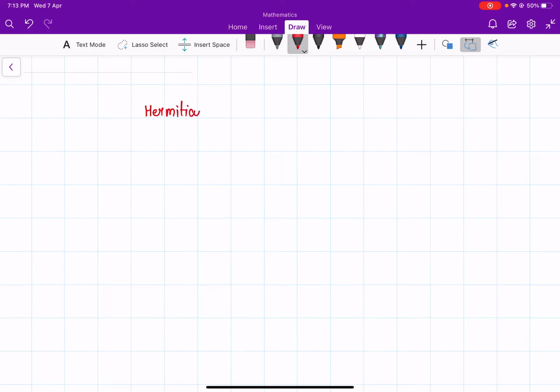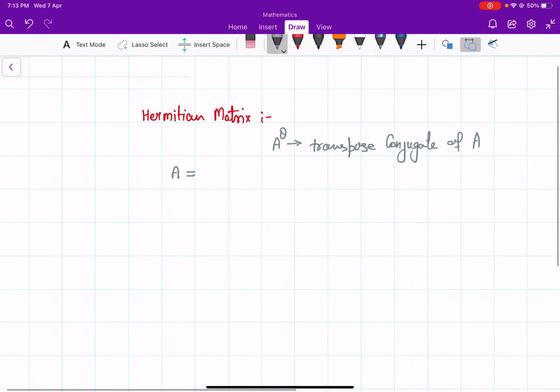In a Hermitian matrix, suppose A is a Hermitian matrix, then its transpose conjugate matrix will be represented by A theta, and A will be equal to A theta. So this is the condition for a Hermitian matrix.